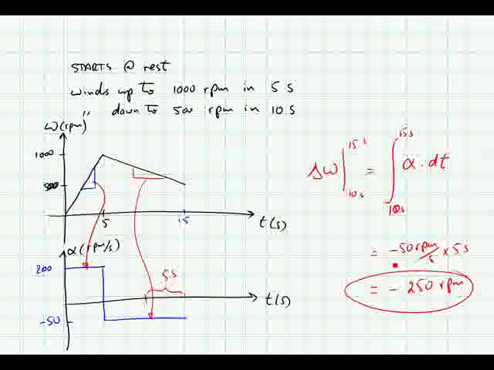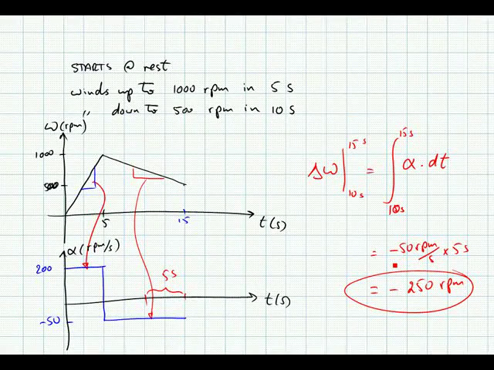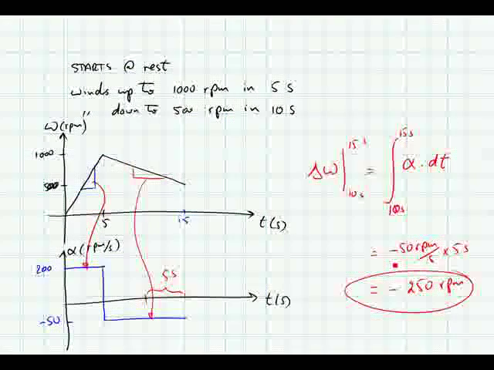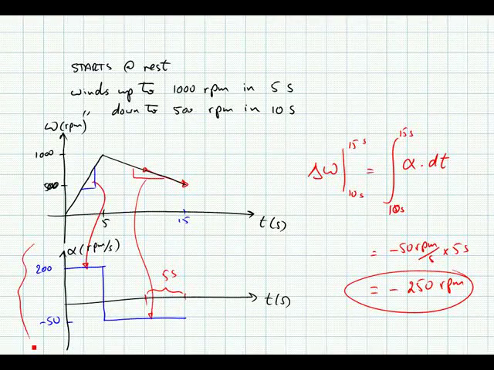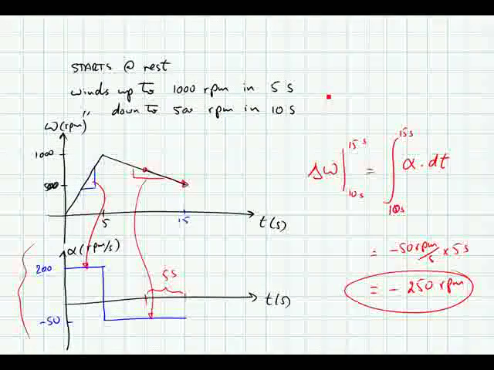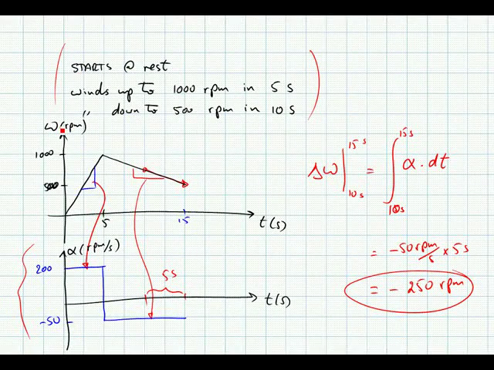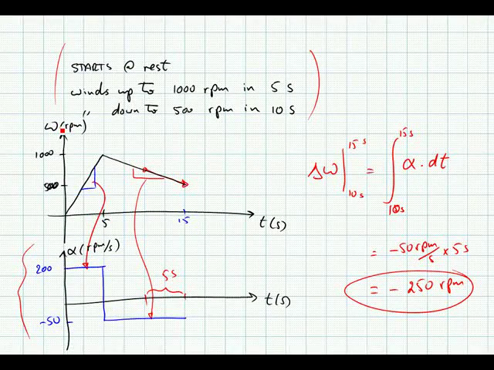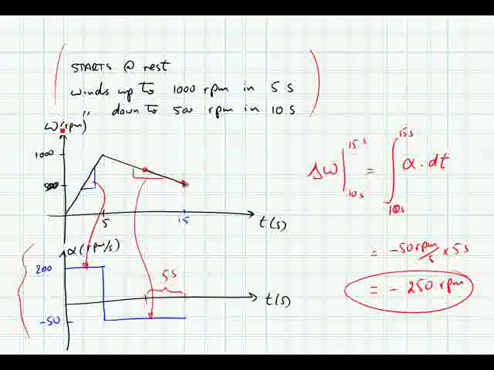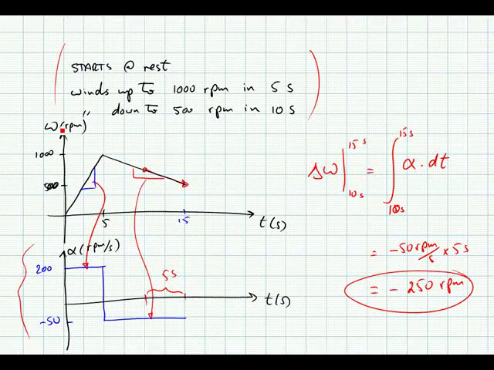So negative 250 RPM is the change in the angular velocity that the object experiences from 10 to 15 seconds. Had you been given the acceleration information without the initial information and asked to find the change in angular velocity, that's how you would go about figuring it out.